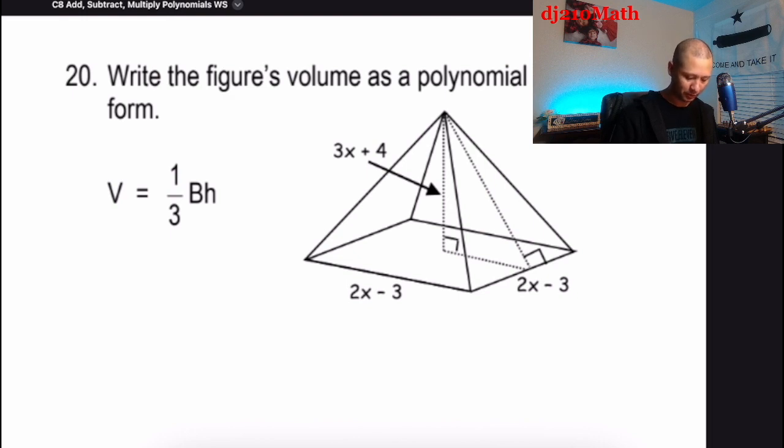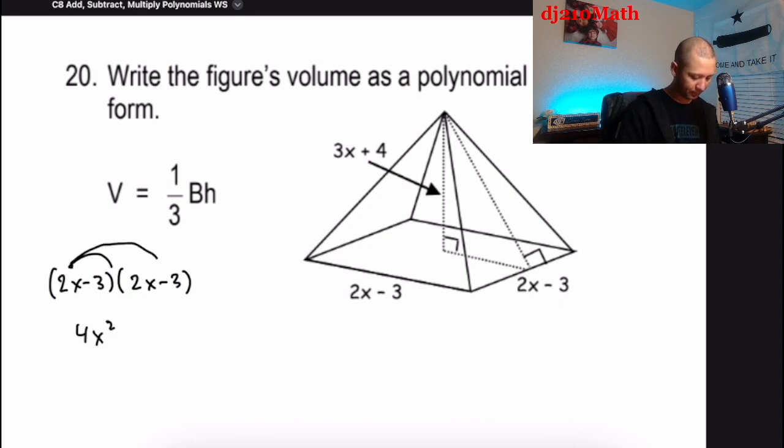So that means we're going to multiply 2x minus 3 by 2x minus 3. So the first two, 4x squared minus 6x minus 6x plus 9. So 4x squared minus 12x plus 9.